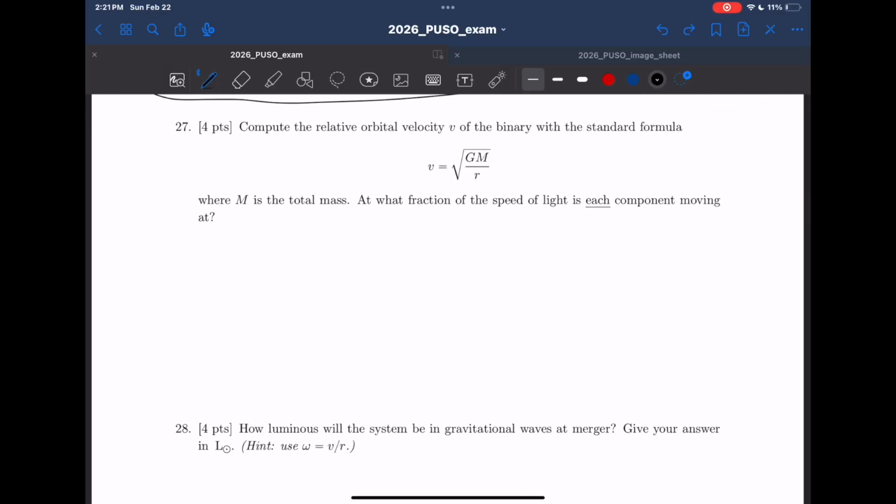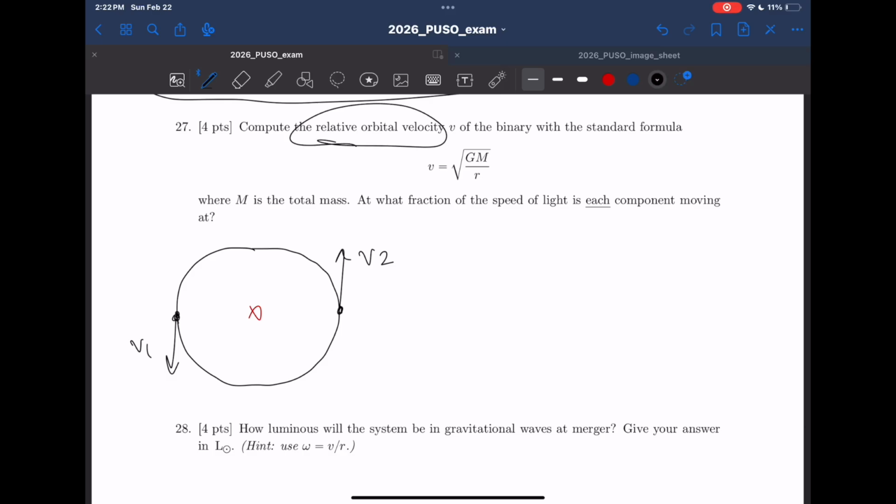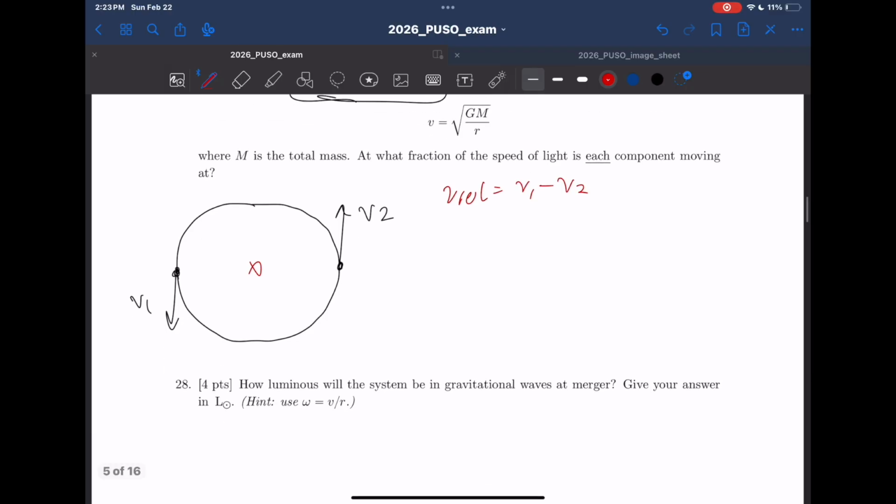So what you do here is that this is m1, you can say this is v1, and this is v2, right? And this is the barycenter here. So what happens is that the relative orbital velocity is going to be v equal to v1 minus v2, I believe, which is going to look something like this.